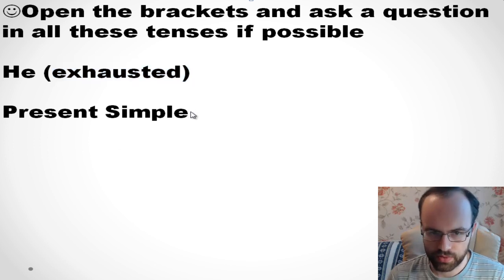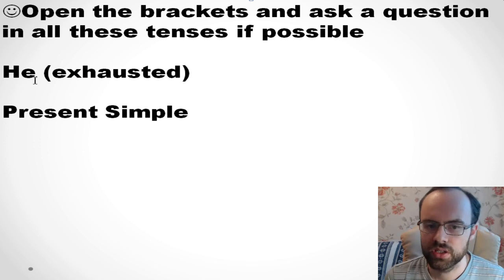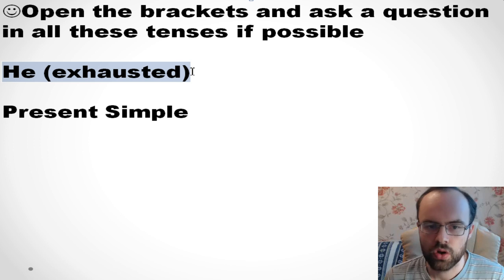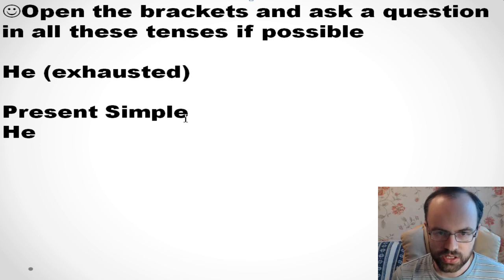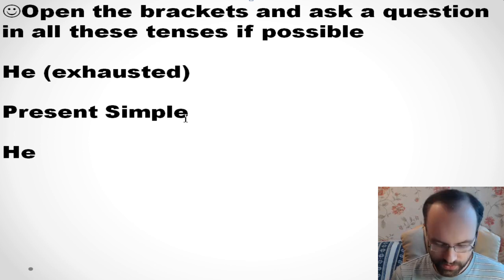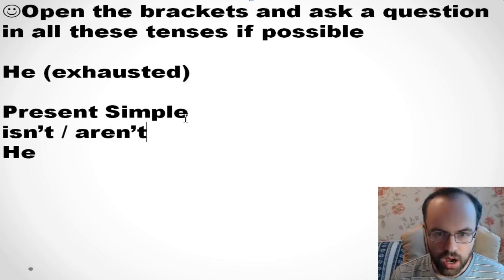Okay, present simple. First of all, you need to understand: do you have a verb here or not? Exhausted isn't a verb, it's an adjective. So if you don't have a verb, you need the form of the verb to be. So you use isn't, aren't, or am not.